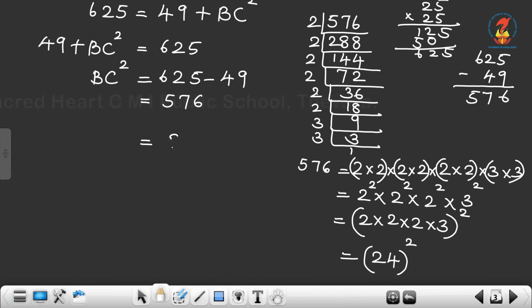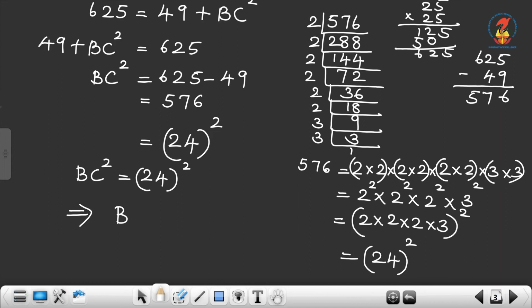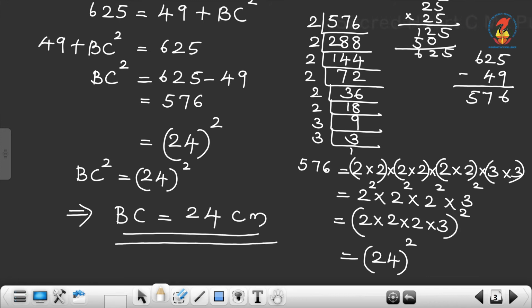So BC square is equal to 24 square, which implies that length of BC equal to 24. So length of BC is equal to 24 centimeter.